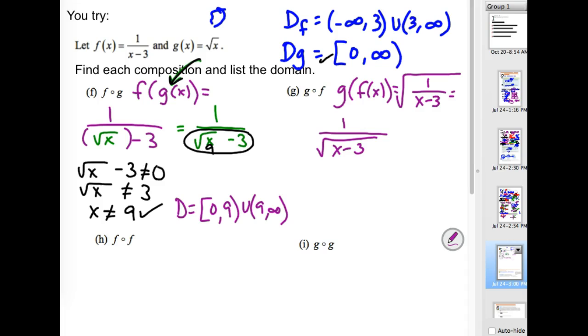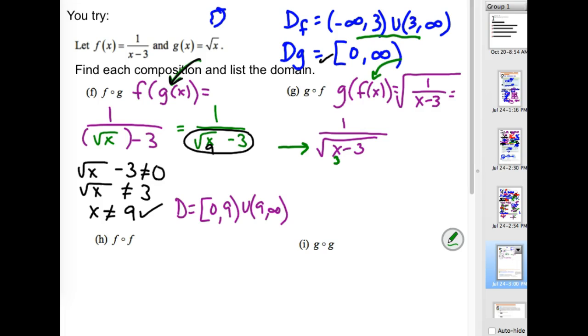So looking at domain restrictions, on the inside function we said we can't use a 3. And then we also have to look at our new answer, which has a square root in the denominator. So we can't be 0 and we can't be negative. So we've eliminated 3 because that would make it 0.